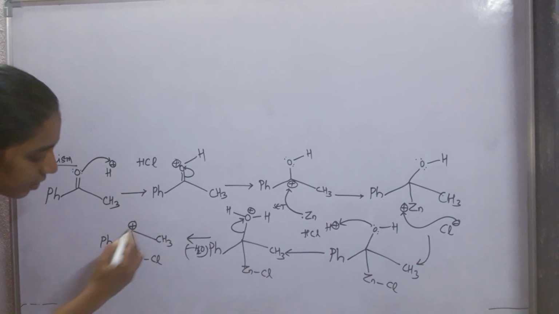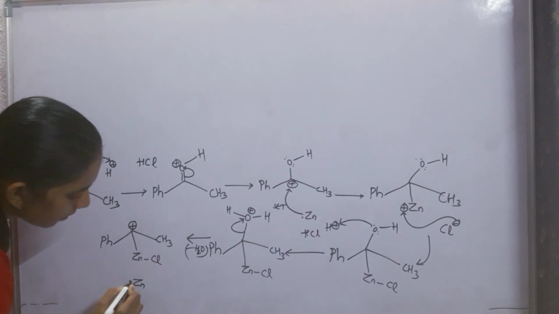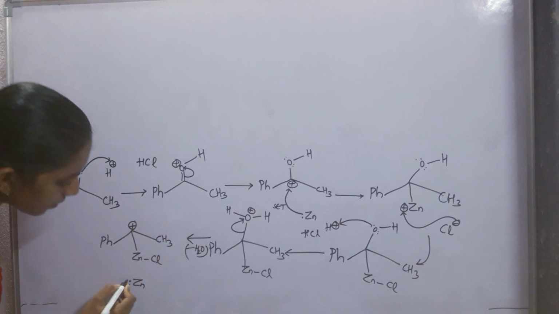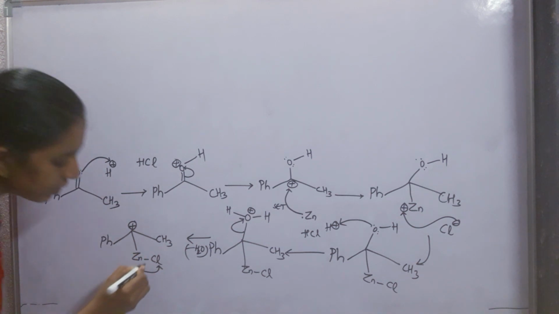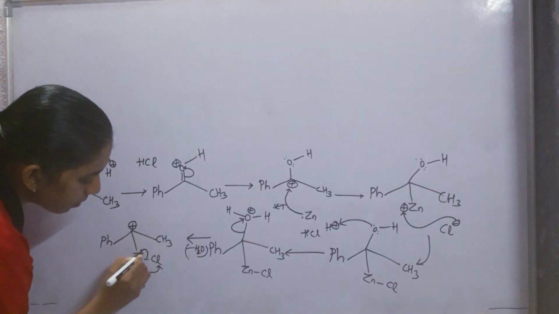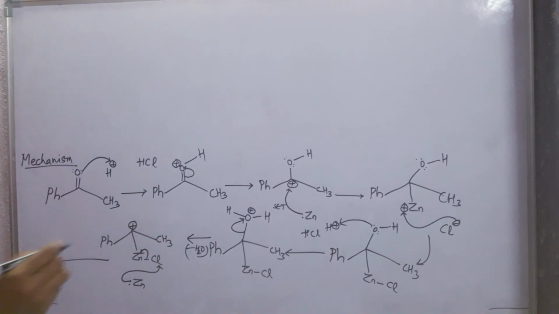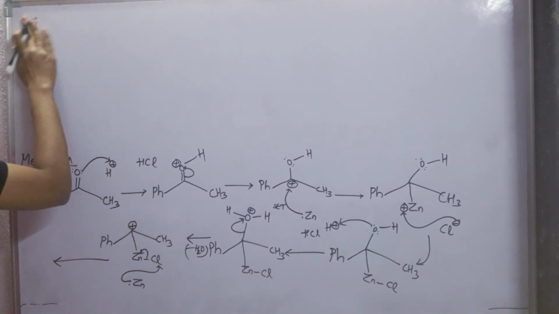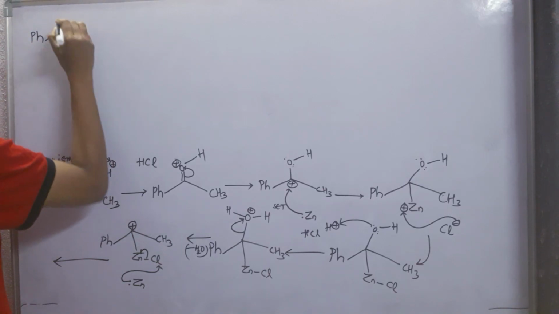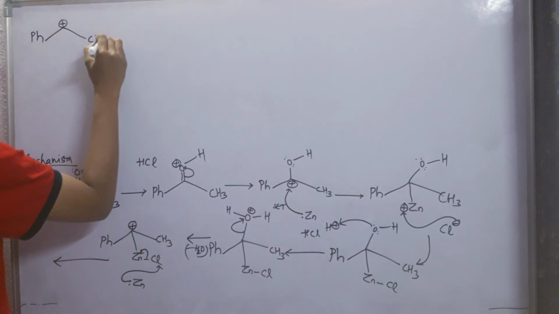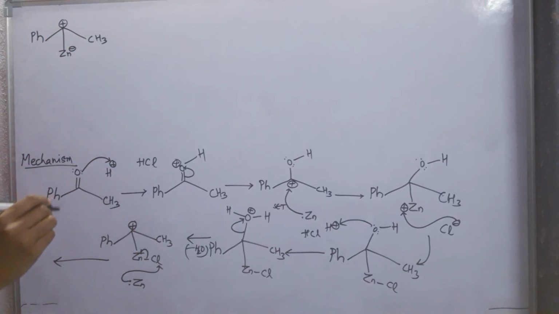So now again with this compound we will be reacting zinc. We will see single electron transfer here also. This zinc will transfer one of its electrons to this chlorine, and the bond between zinc and chlorine is taken by zinc and will give us Ph, carbon positively charged here, CH3, zinc will be getting a negative charge.